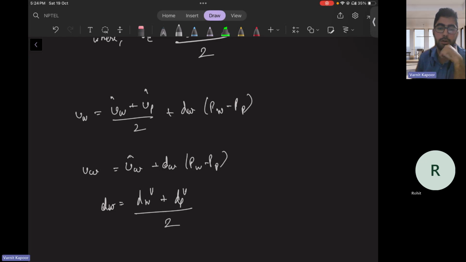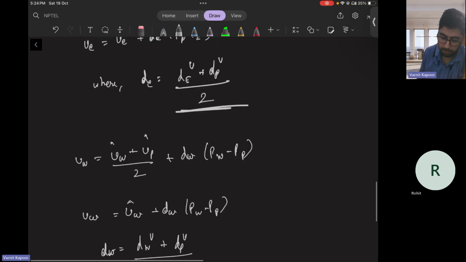So we have removed the non-contiguous part and converted it into the contiguous part by this kind of interpolation, where DE is proposed by Rhie and Chow as taken from the arithmetic average of the cell coefficients, that is DE plus DP by 2 or DW plus DP by 2.